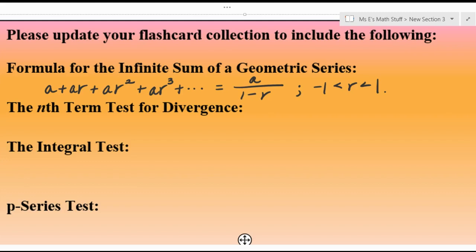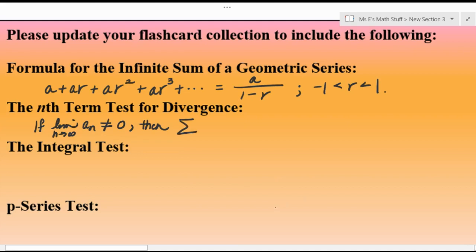Okay, the nth term test for divergence says if the limit as n approaches infinity of the way the terms are defined, if they don't equal 0, then what would that mean about the sum of all those terms if you're adding up infinitely many of them?